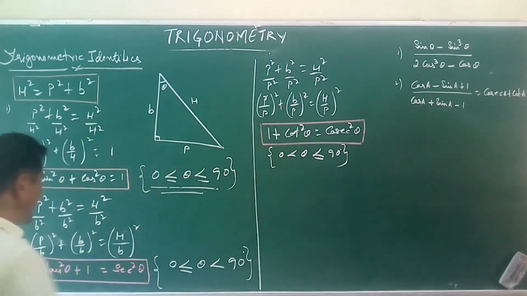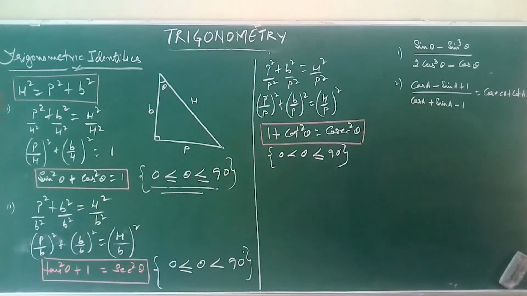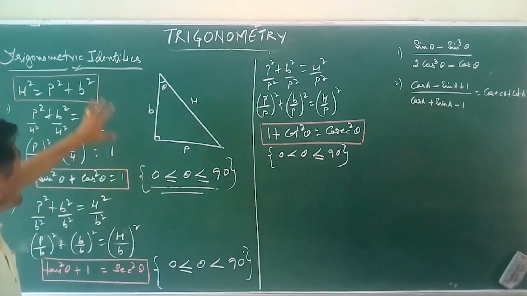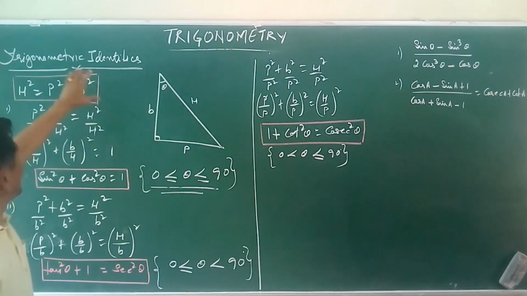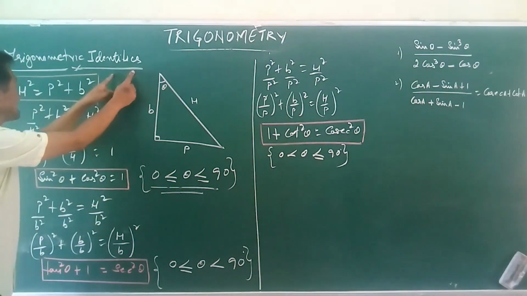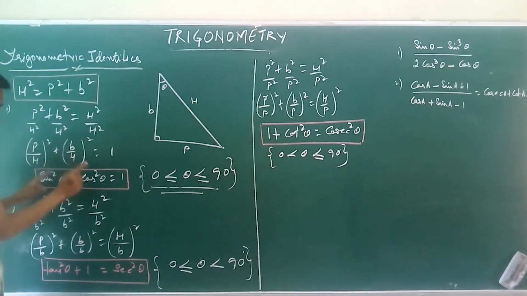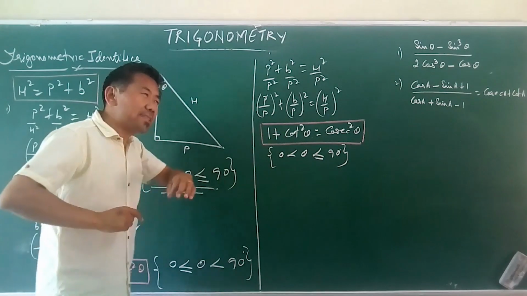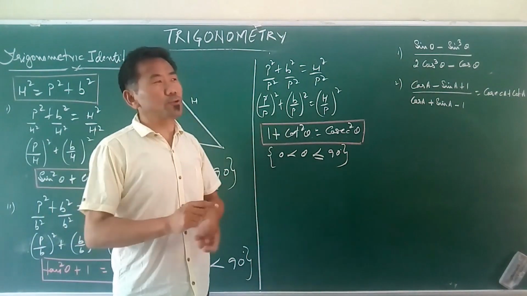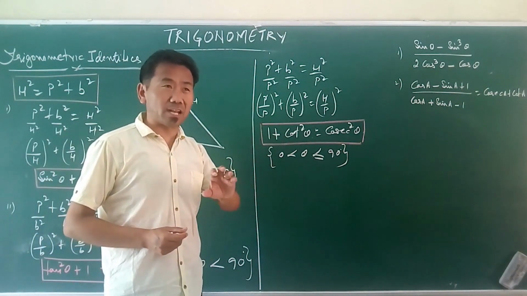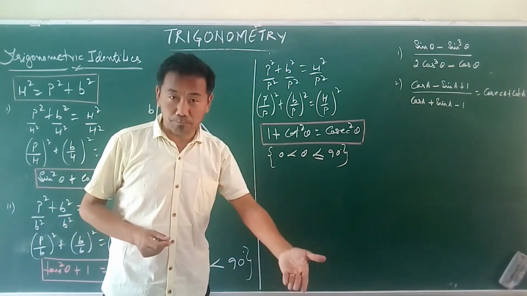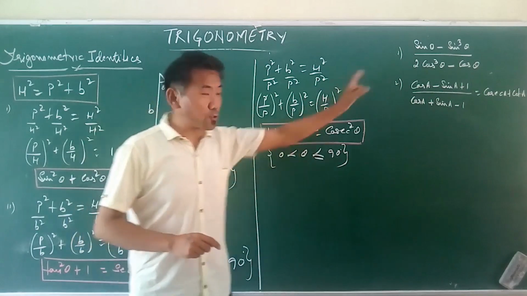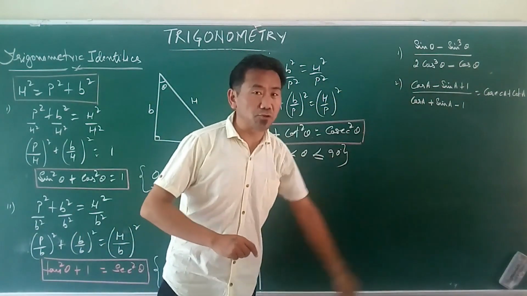So these are the three important identities of trigonometric ratios. In trigonometric ratios, the most important identities are number 1, 2 and 3. And there are some other important things which we call the inverse or the reciprocals. Reciprocals are important for solving this kind of questions.